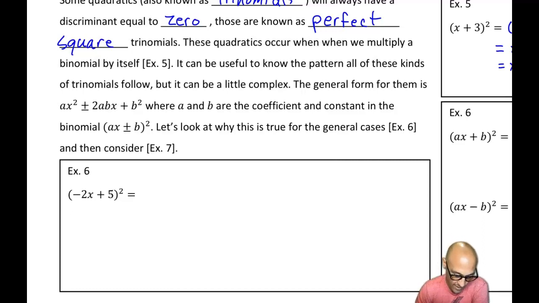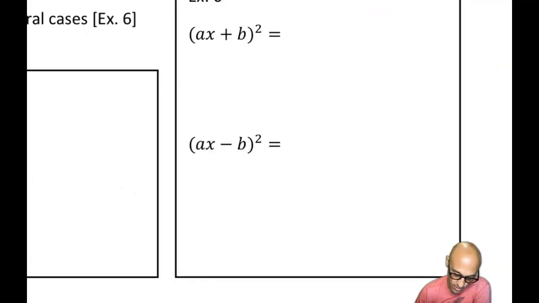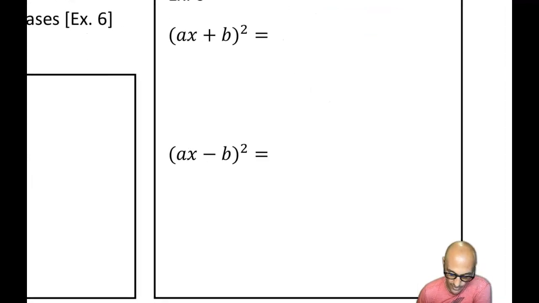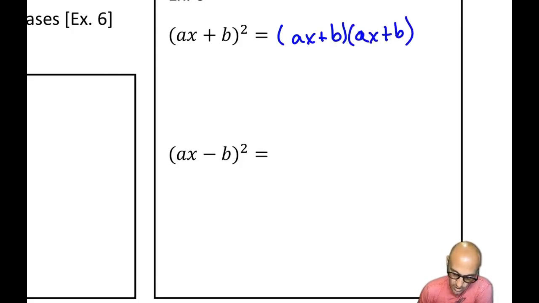If we have a subtraction here, then this is subtraction. If we have addition here, this is addition. We're going to look at the general cases to see why this turns out to be true. Remember that this is ax plus b times the quantity ax plus b.